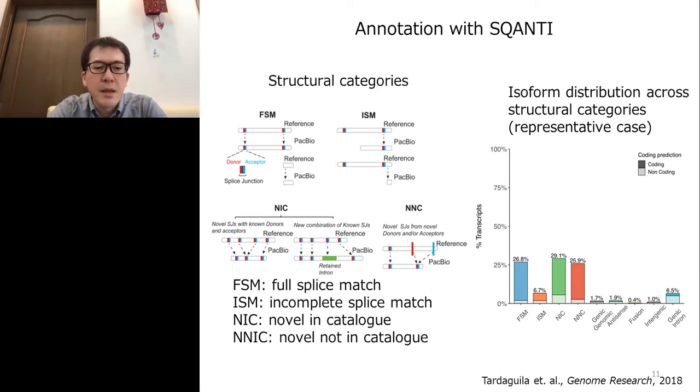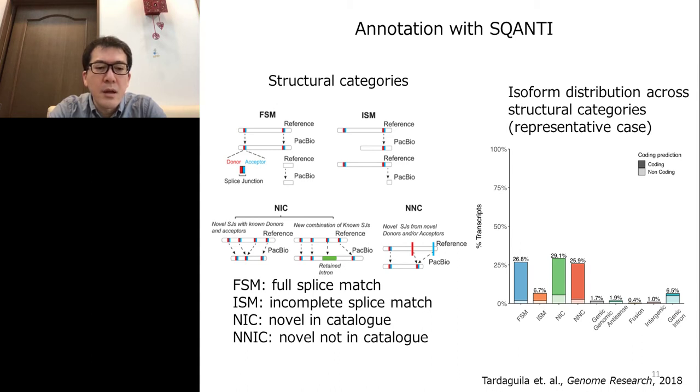Incomplete splice match, ISM, isoforms are composed of known splice junctions, but they do not have complete set of splice junctions.